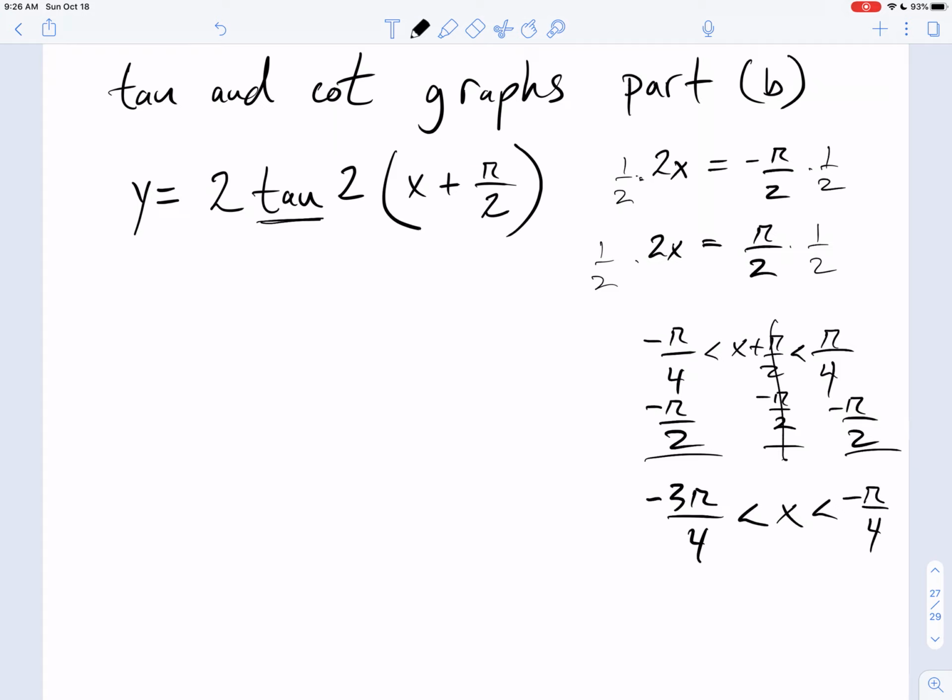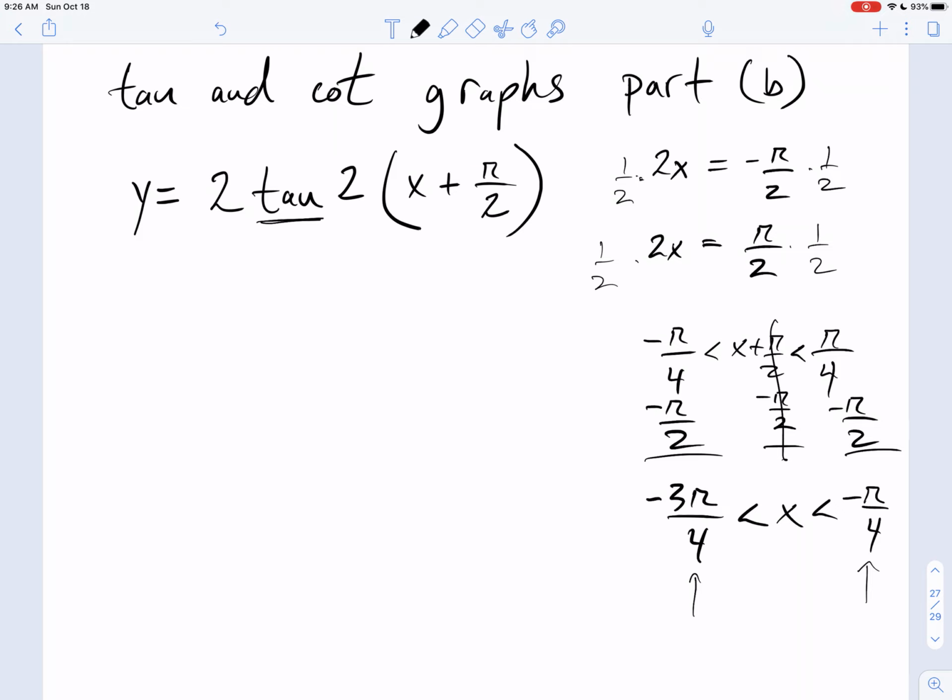That's my starting asymptote. This is going to be my stopping asymptote. That will give me one period, right? Now, just remember, the increments for a tangent graph are slightly different.